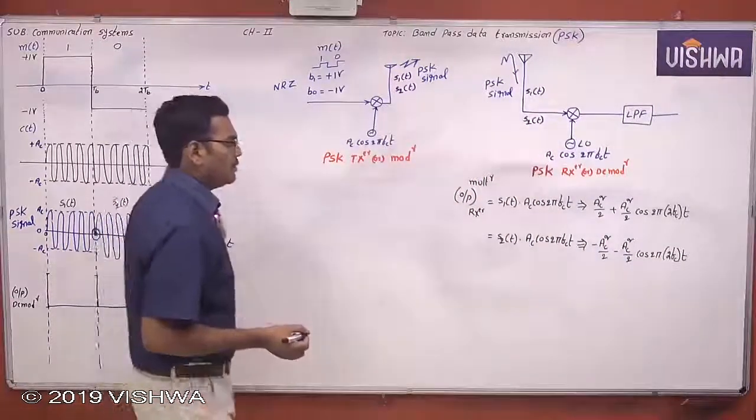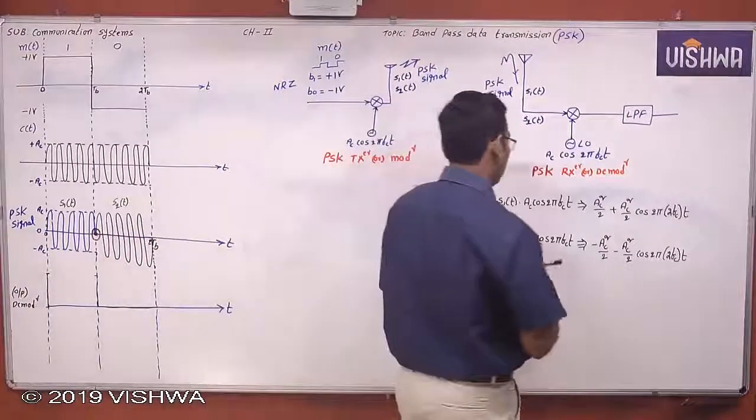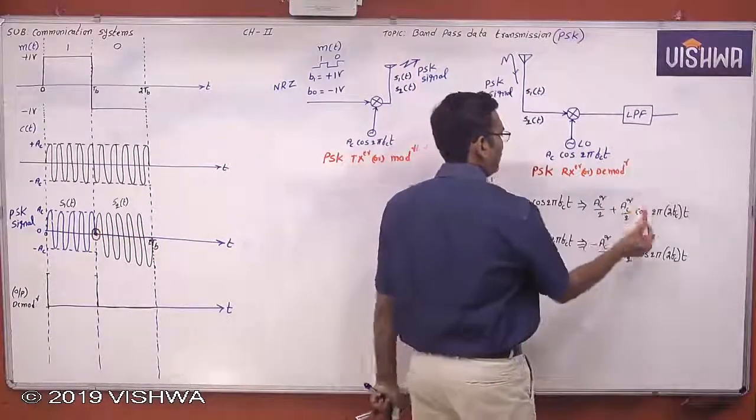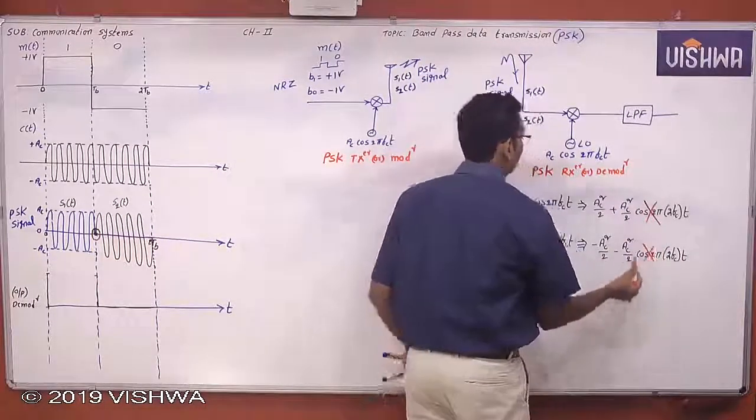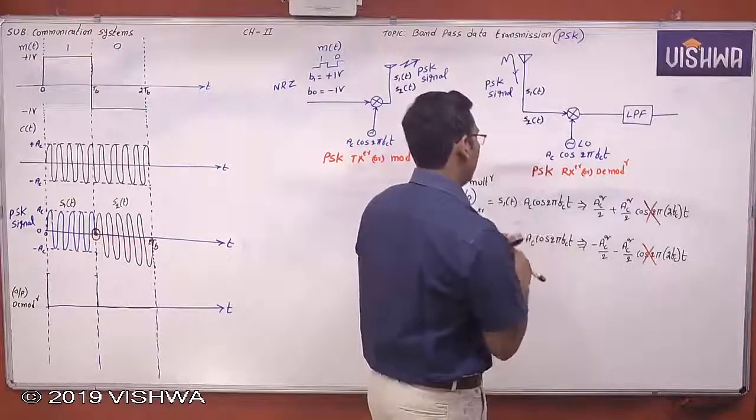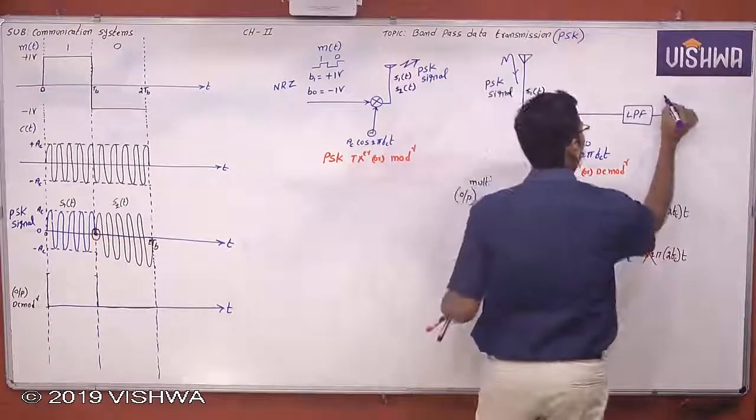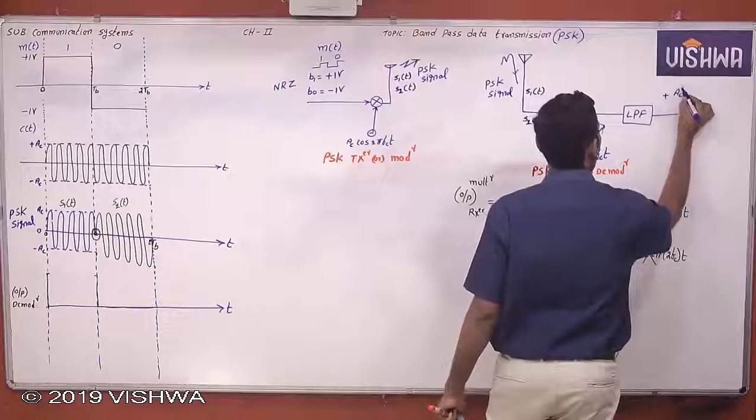The output of the low pass filter will not allow the high frequency term. So for S1 of t, this is plus Ac square by 2.